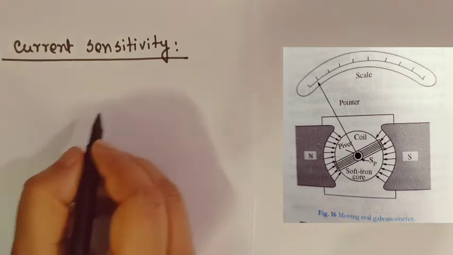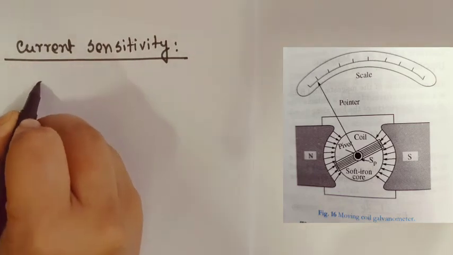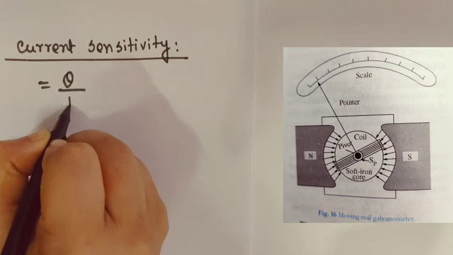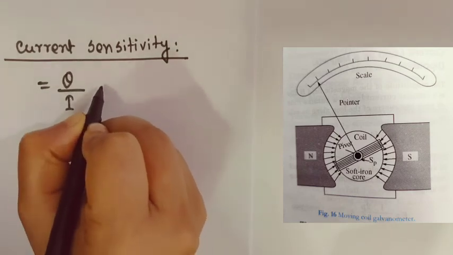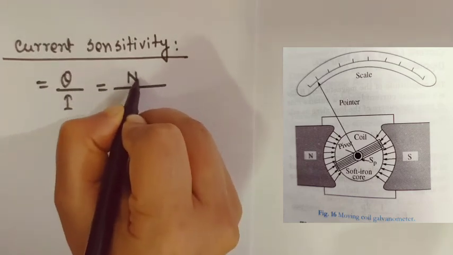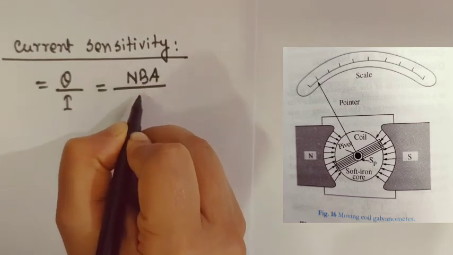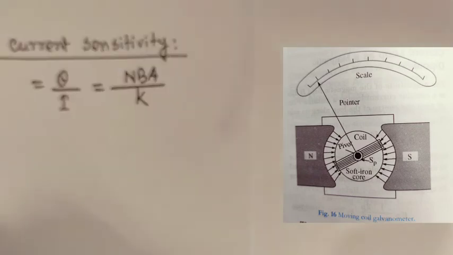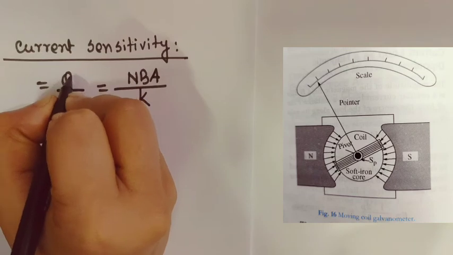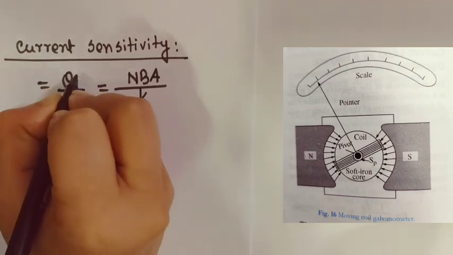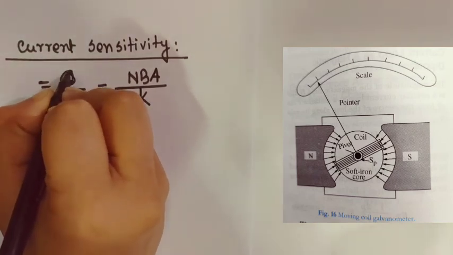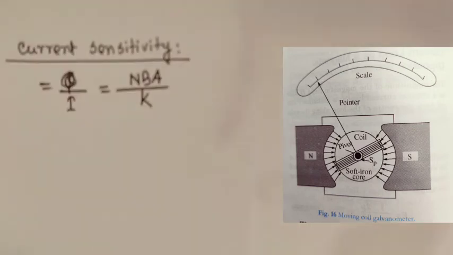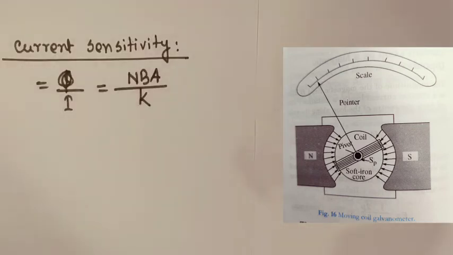That is, we can write current sensitivity is equal to theta by I is equal to NBA by K. Actually, this is not theta, this is phi. Phi by I is equal to NBA by K.